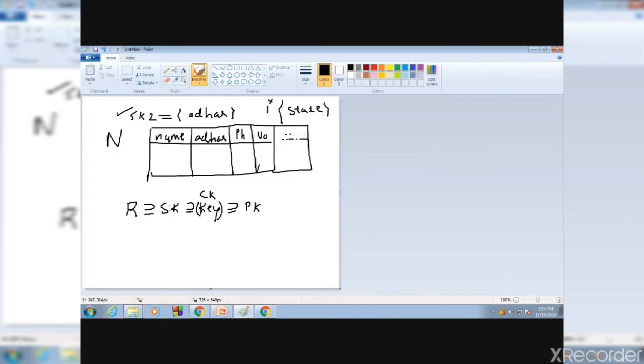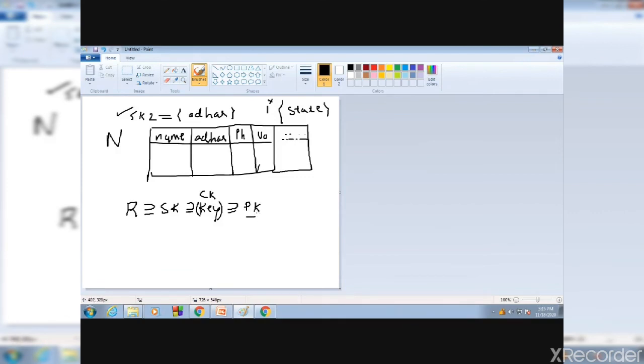Among this, the minimal set of attributes in a super key, we take it, so that will form a key. If more than one key is there, each one we call a candidate key, so a subset of SK becomes a candidate key. Among these, whichever one we choose, that is a primary key.